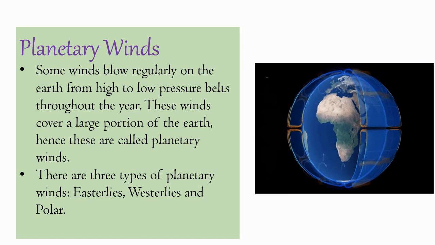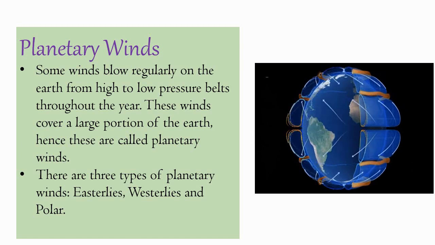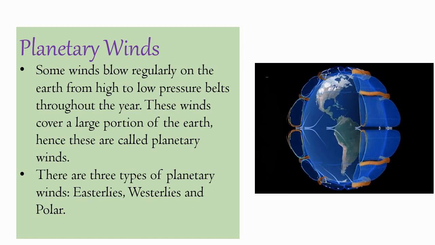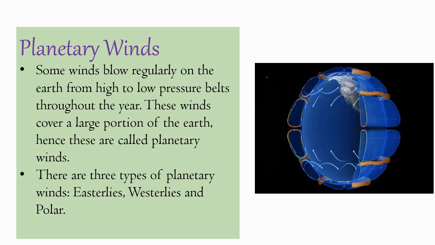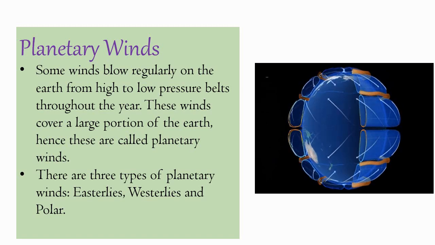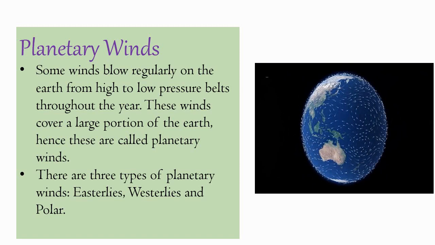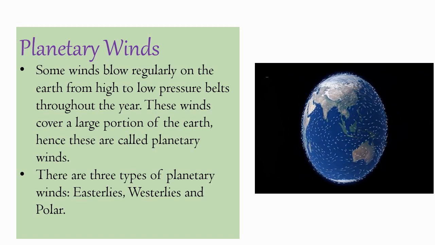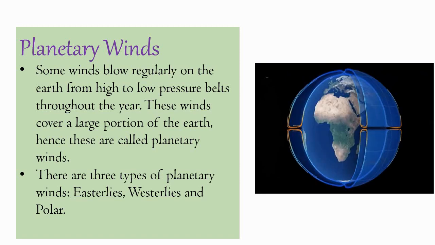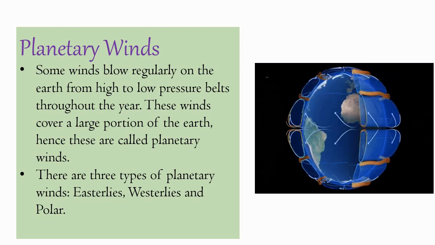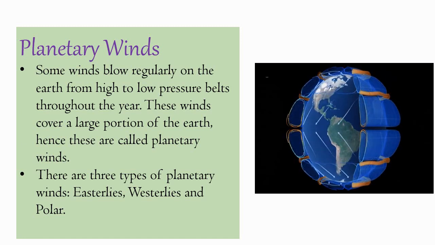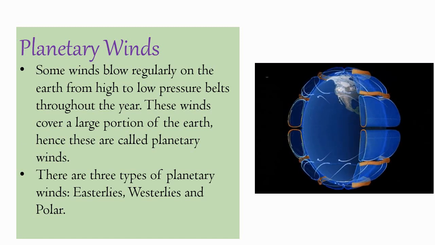The winds regularly blow throughout the year, confined within latitudinal belts, mainly in northeast and southeast directions, or from high pressure polar regions to low pressure regions. Now let us see the three types of planetary winds.